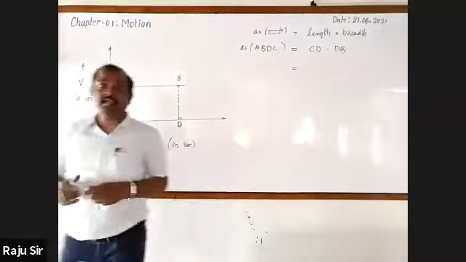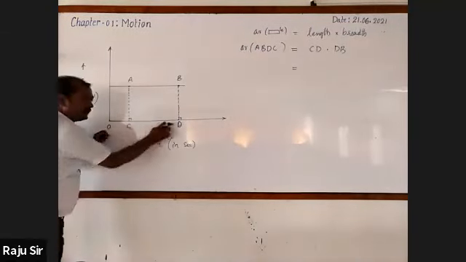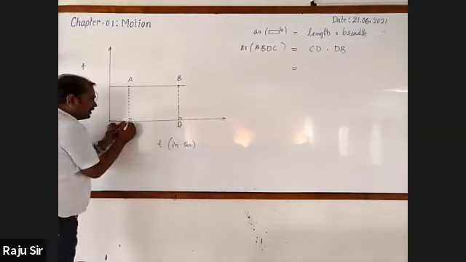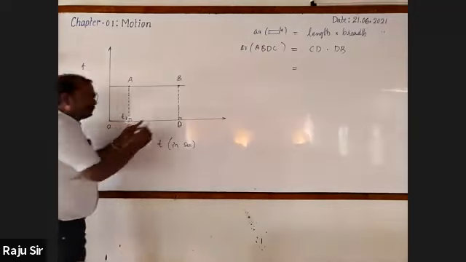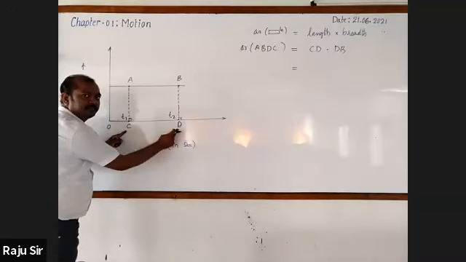What is CD? CD is on the time axis. I take the point C as T1, point D as T2. So CD is T2 minus T1.